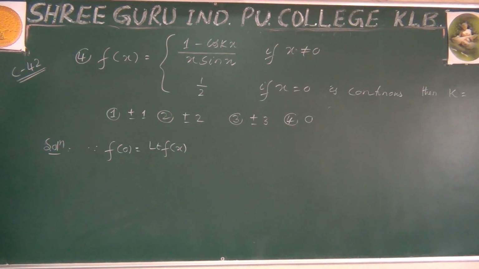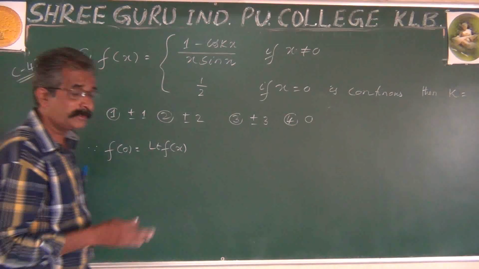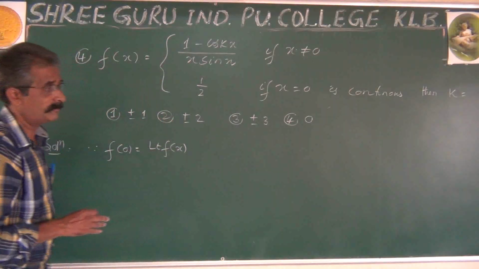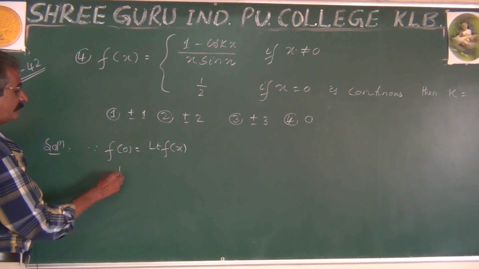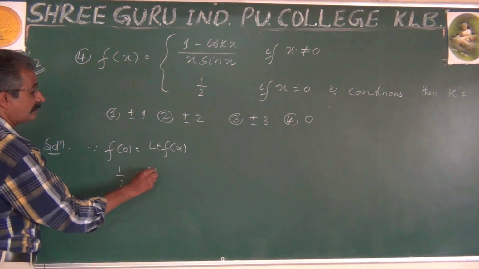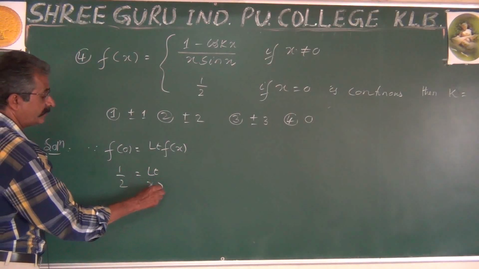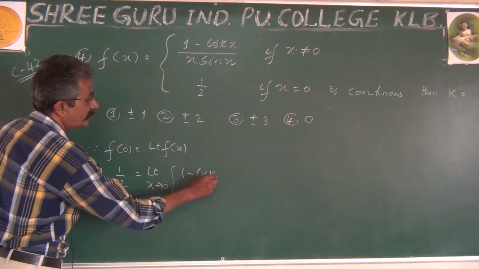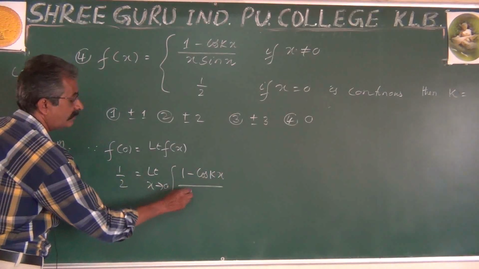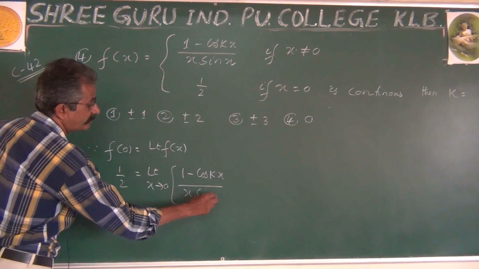We are answering for MCQ problems that need minimum time. In minimum time, you have to get the correct answer. That is done only by avoiding some unusual steps. How much is f of 0? Half. That is equal to the limit as x tends to 0 of f of x. What is f of x? 1 minus cos kx divided by x into sin x.